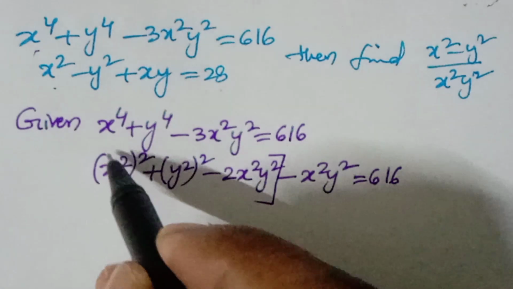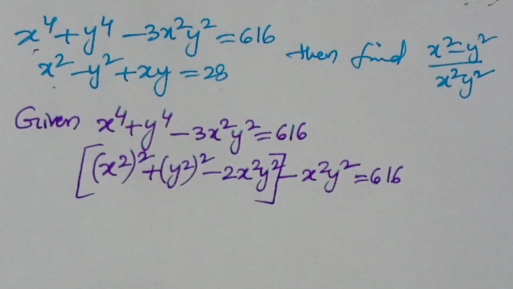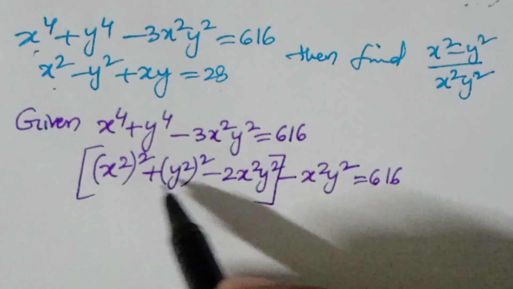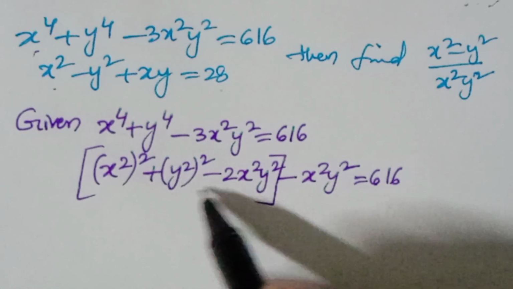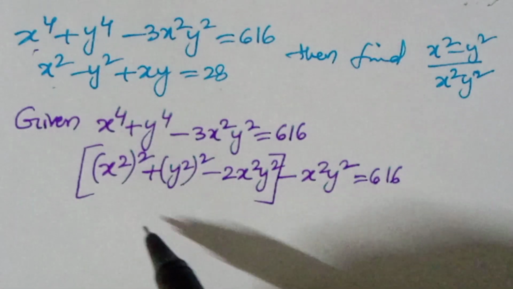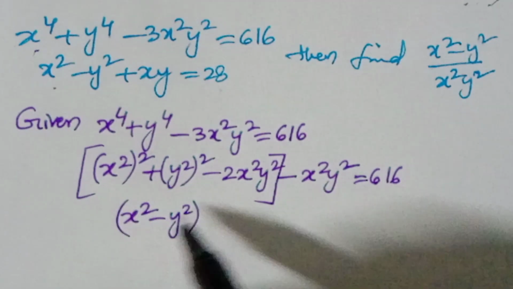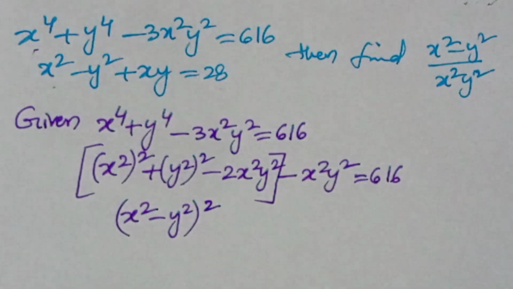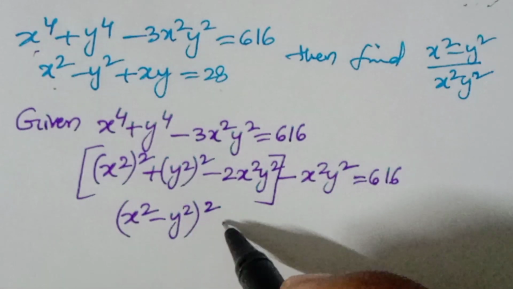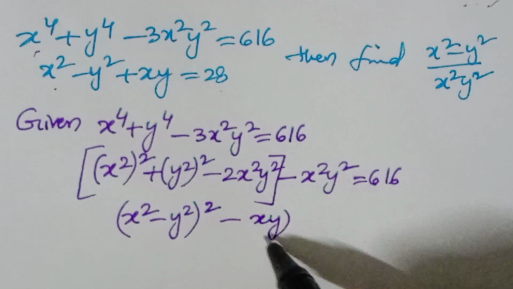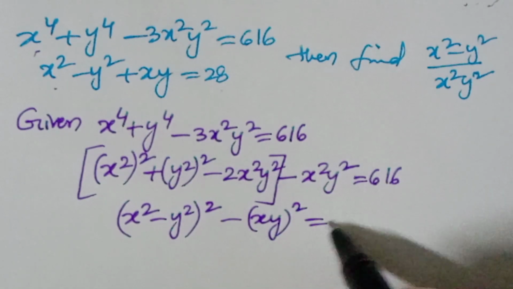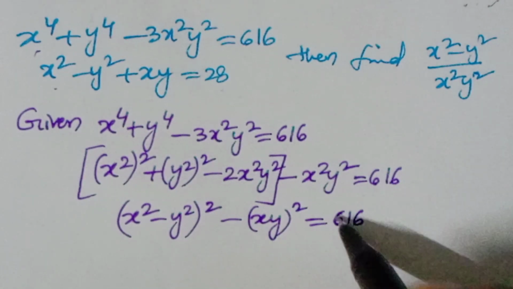Up to here it is the formula (a minus b) whole square equals a square plus b square minus 2ab. So you can write it as (x squared minus y squared) whole square minus (xy) whole square is equal to 616.